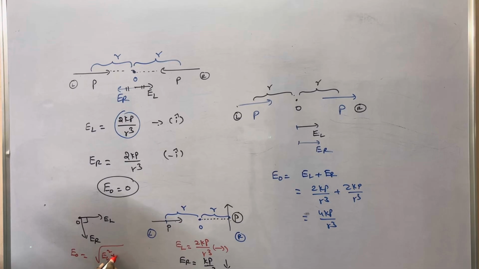Therefore, the resultant at O is root of EL square plus ER square. Is it visible for you?